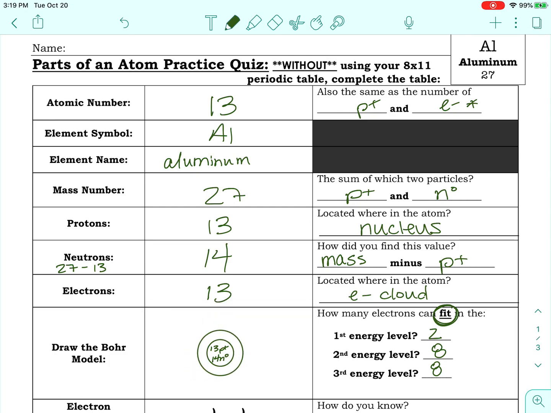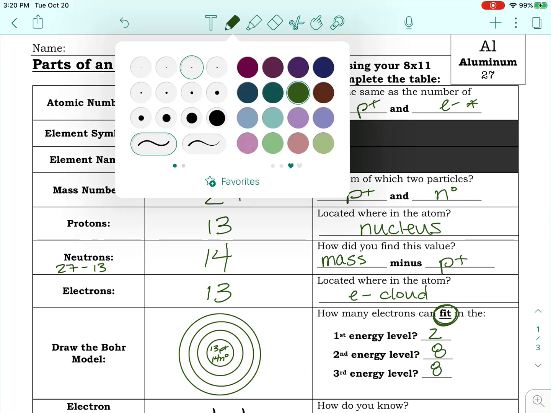Oops. Whoa, that's an interesting shape. There we go. And let's do one more. All right.